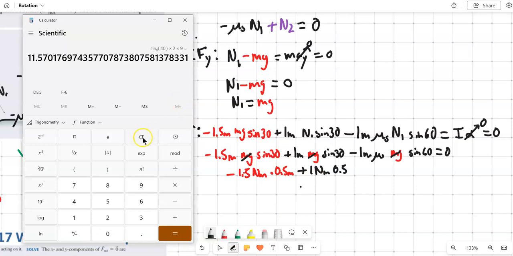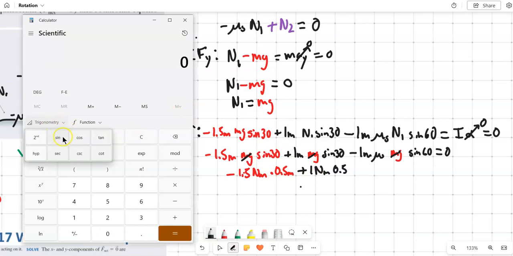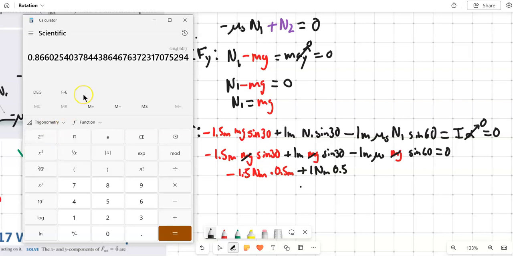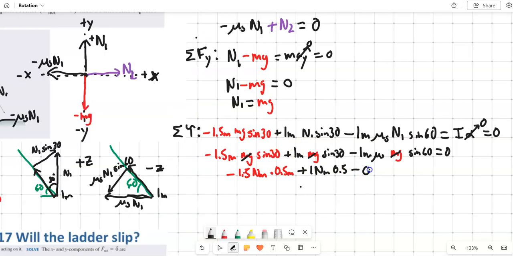So I'd take 60 degrees and take the sine of that, which is 0.866. So this is going to be minus 0.866 Newton meters times mu sub s equals 0.